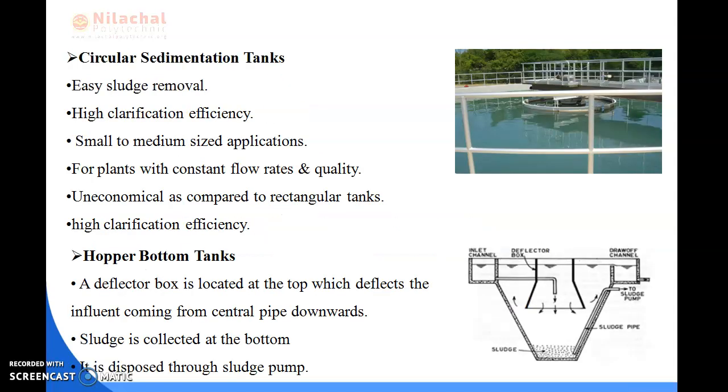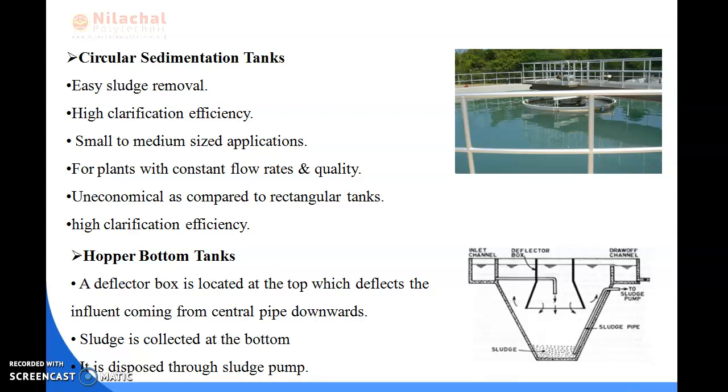So next we will be reading about the circular sedimentation tank. You can see here the diagram of the circular sedimentation tank. In the circular sedimentation tank, sludge removal is easy, it has high clarification efficiency, and it suits small to medium sized applications for plants with constant flow rates and quality. It is uneconomical as compared to rectangular tanks.